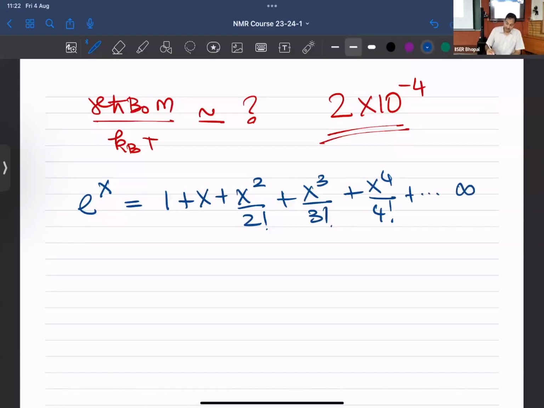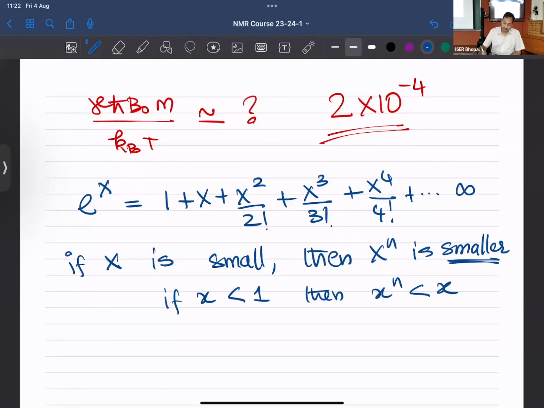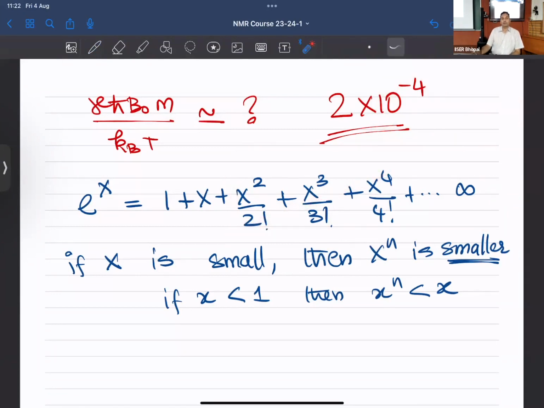And what you're able to see is that if x is small, then x power n is smaller. So therefore, if you are having 10 power minus 4 as x, you can be rest assured that all this ends up going to 0, correct?